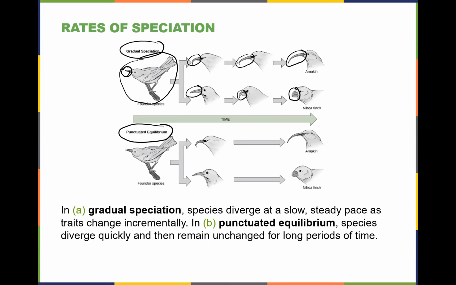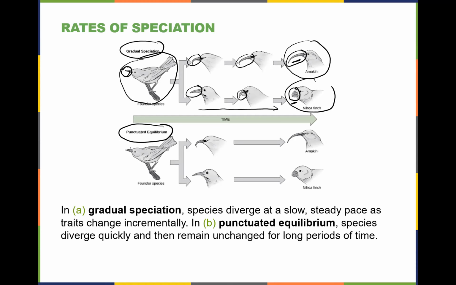Okay, so from this one ancestor species, the final product will be two species, one that has a very long beak, and the other species that has a very thick beak over here. But they gradually change. So the changes are gradual.